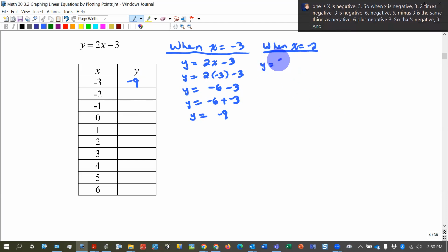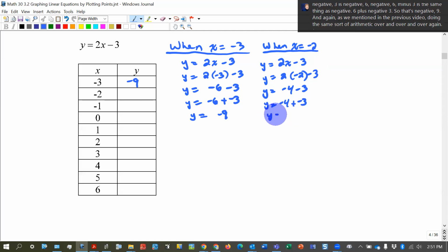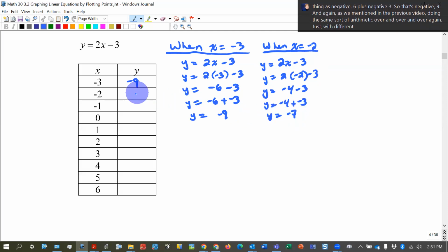And again, as we mentioned in the previous video, doing the same sort of arithmetic over and over and over again, just with different numbers, gets a little tedious.